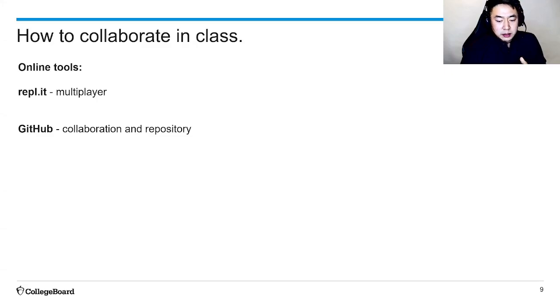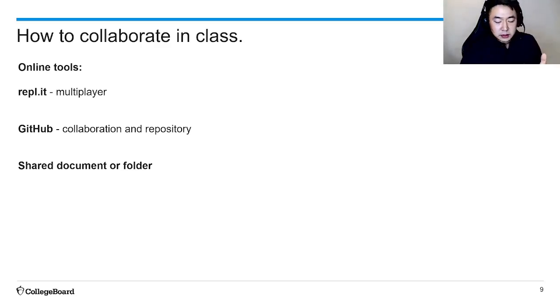And so the repository aspect is great because you can put all your projects there, and other people can comment and help you out if you're having problems, and you can also help them out as well. And it also looks really good to have a lot of projects that are innovative and showing that you think for other people to see, such as employers and schools.